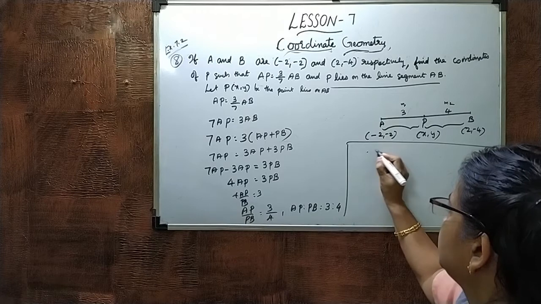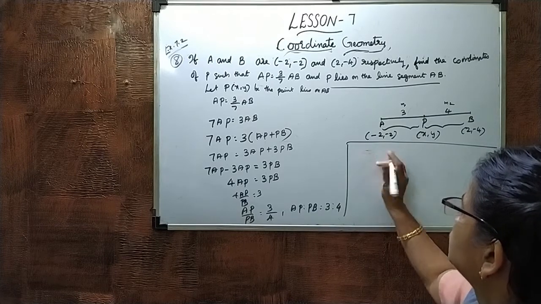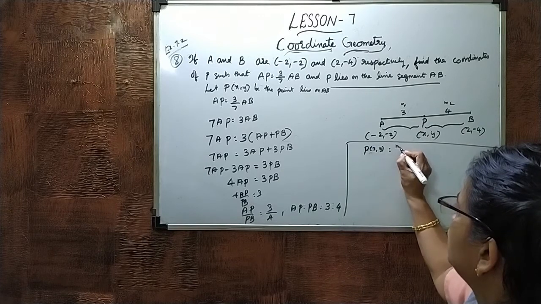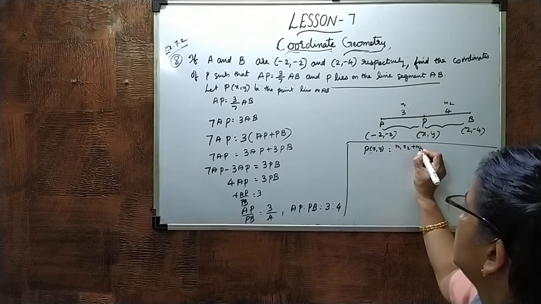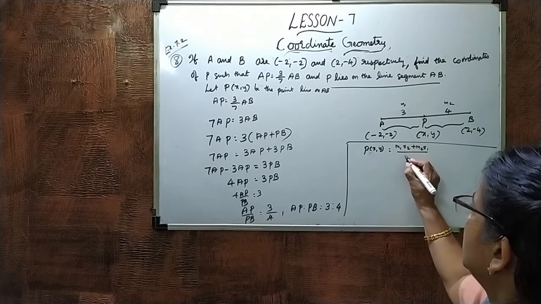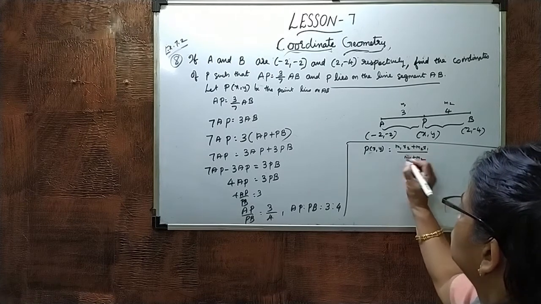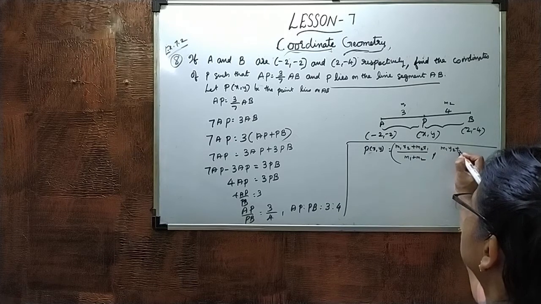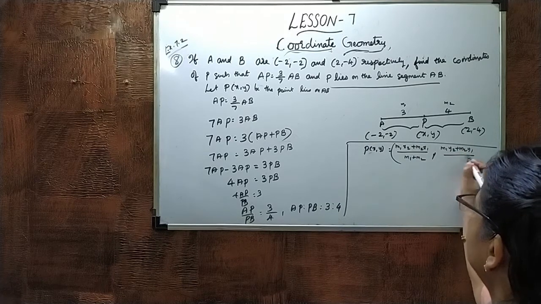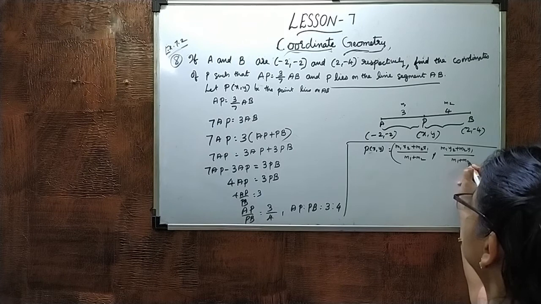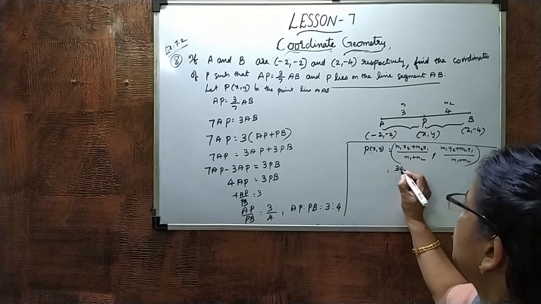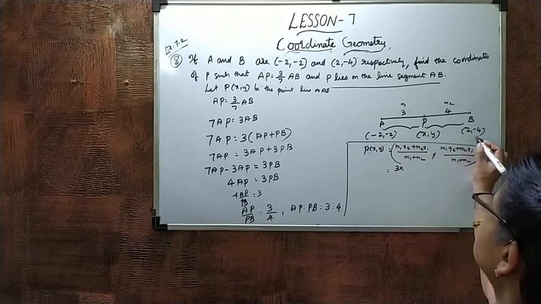So it will be M1, so P(x, y) equals (M1x2 plus M2x1) divided by (M1 plus M2), and (M1y2 plus M2y1) divided by (M1 plus M2). Then M1 is 3, here it is x1 y1, here x2 y2.